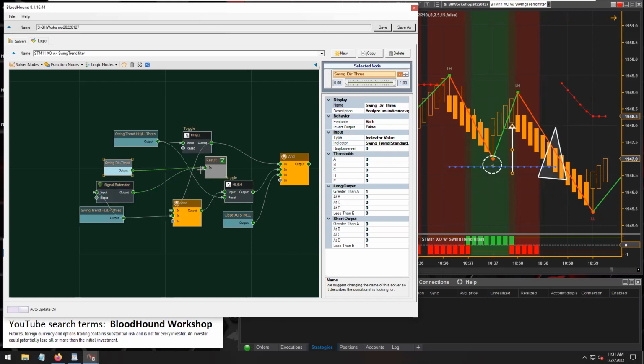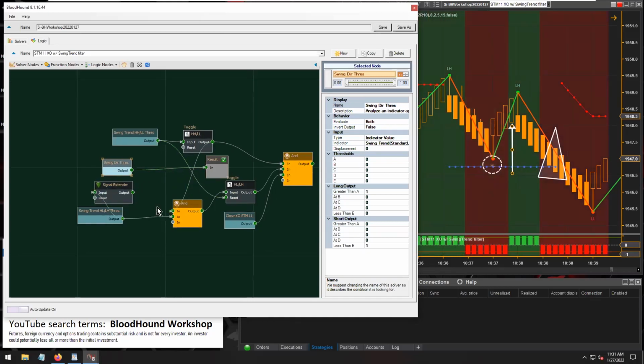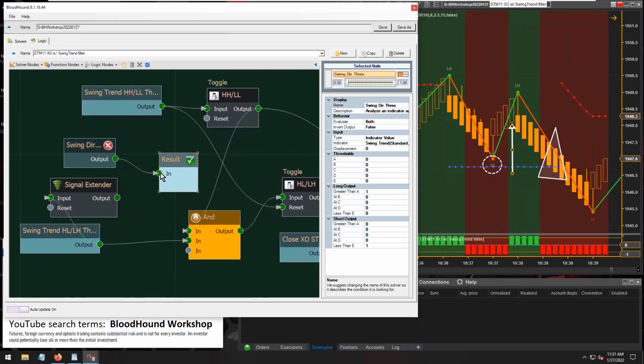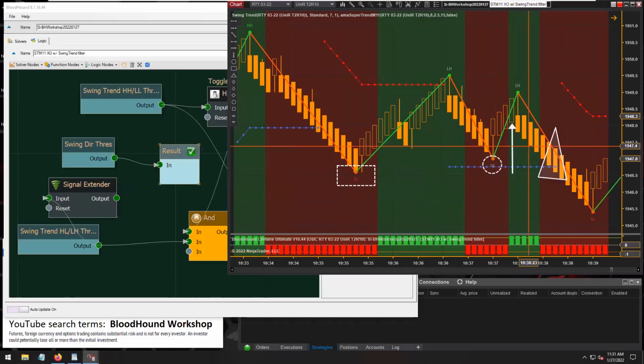All right, so if we look at the swing direction, let's zoom in here. My arrow is on the bar when the upswing is identified. And then the upswing doesn't stop until this downswing is identified a few bars later.